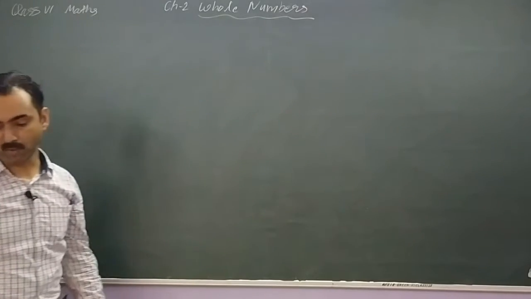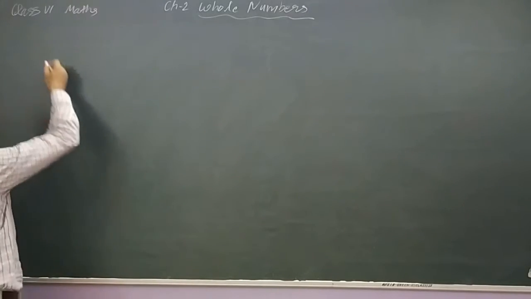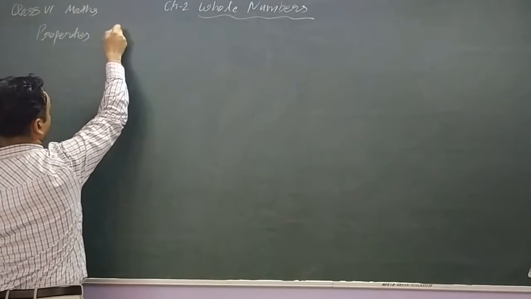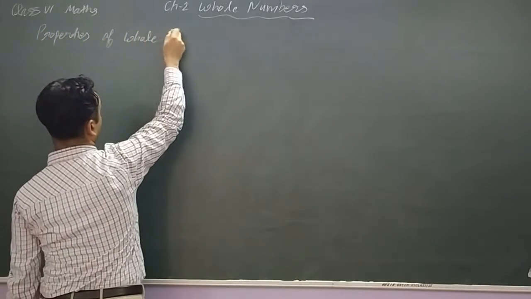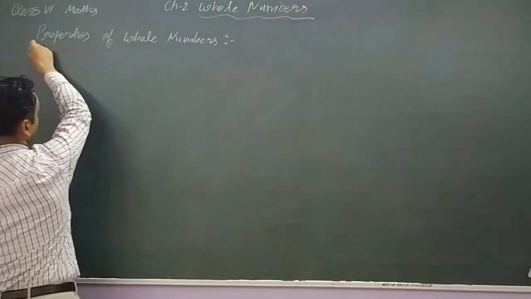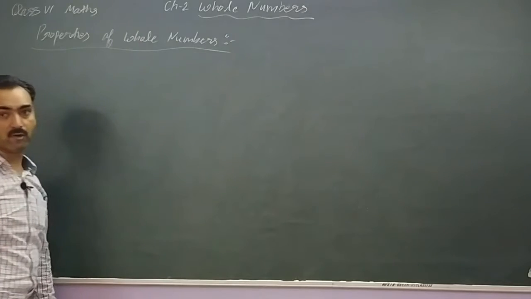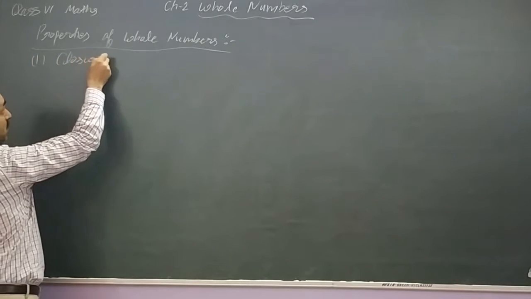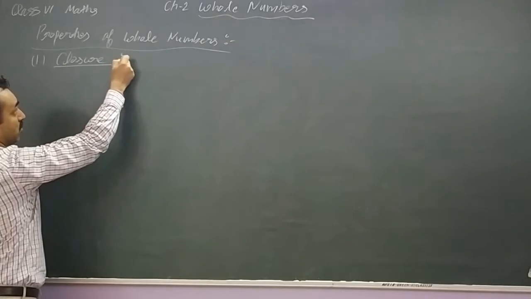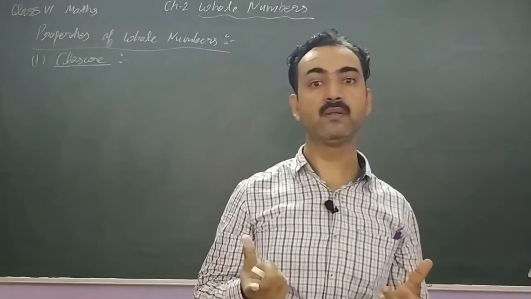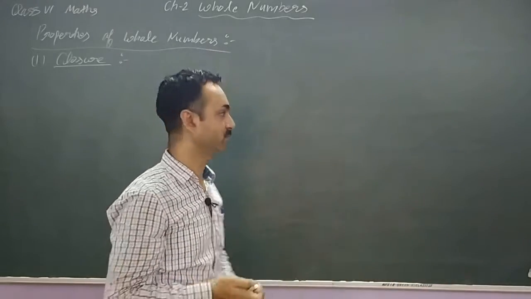Now we learn about the properties of whole numbers. The first property is the closure property. Closure property means if we add two whole numbers, we will get a whole number.